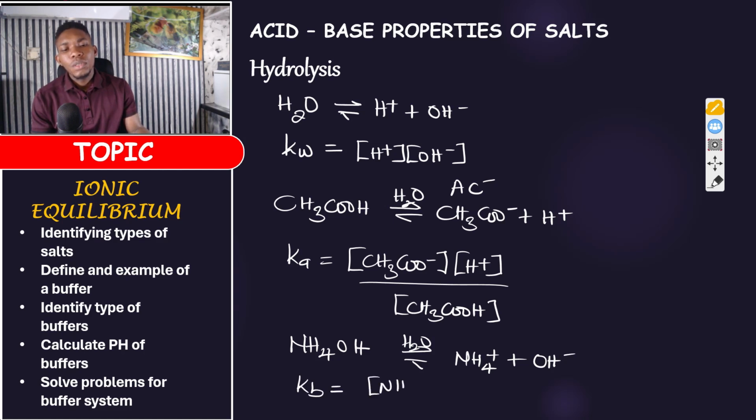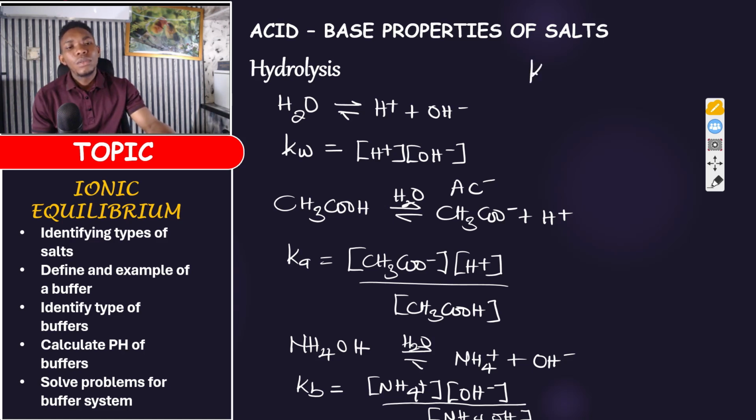It will be the concentration of ammonium ion times the concentration of hydroxyl ion, everything divided by the concentration of ammonium hydroxide.